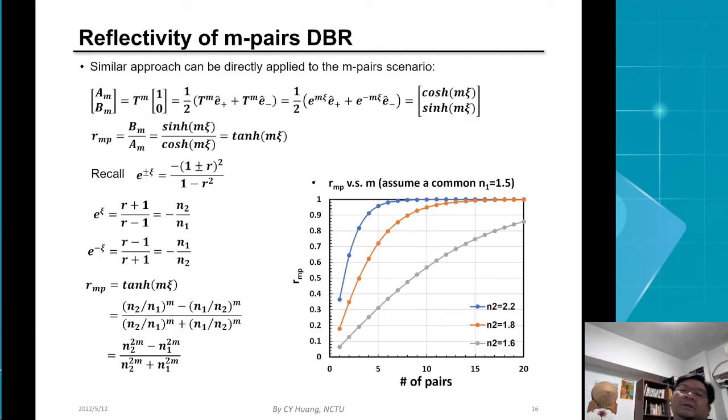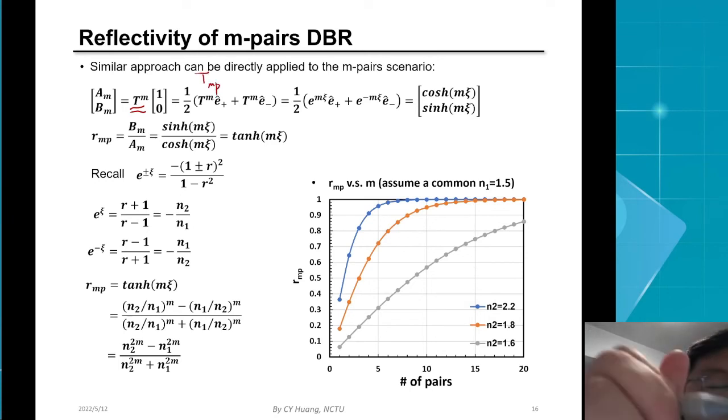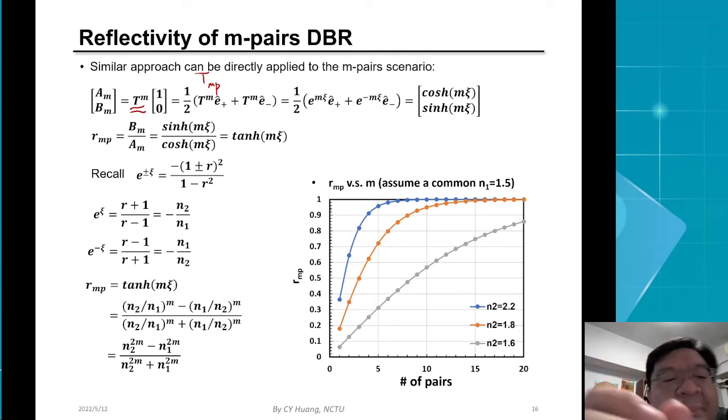Alright, so we can expand such formalism to arbitrarily many pairs. So let's consider n pairs of DBR. The overall transfer matrix, more precisely, the transmission matrix of the n pair DBR, will be the transmission matrix of one pair DBR to the n times.